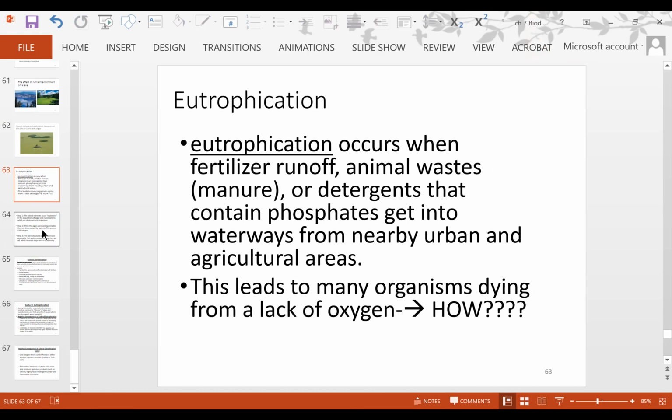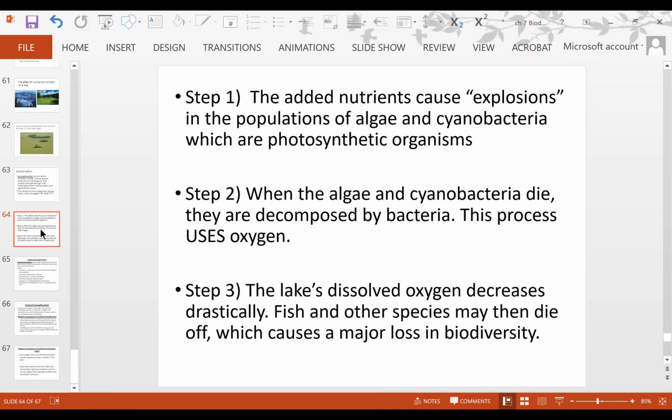Now, how does that happen? So let's go through that. Step one, the added nutrients cause explosions in the populations of algae and cyanobacteria, and those are photosynthetic organisms. When the algae and the cyanobacteria die, they are decomposed by bacteria, and this process uses oxygen.